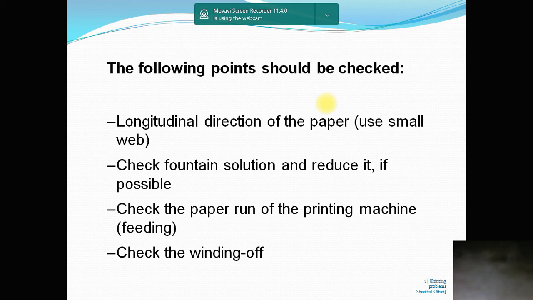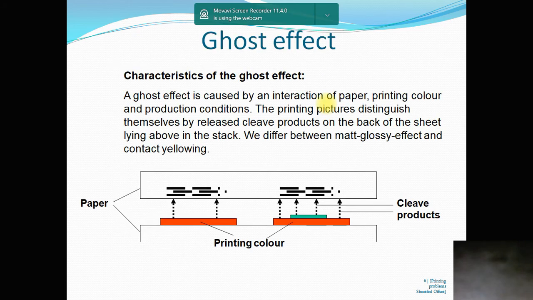Even when the transferring and registration unit or feeding unit are not functioning properly, then you might find this misregister or pacer difference problem. Check the winding off. If it is a web offset, the winding off, the tensioning of the sheet or the positioning of the web, all those things also matter.